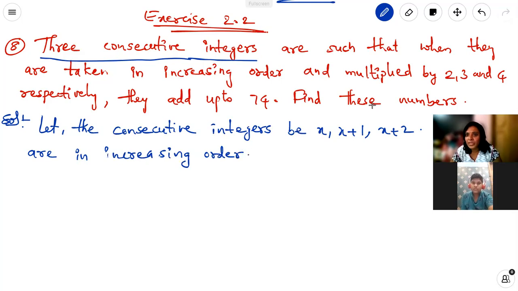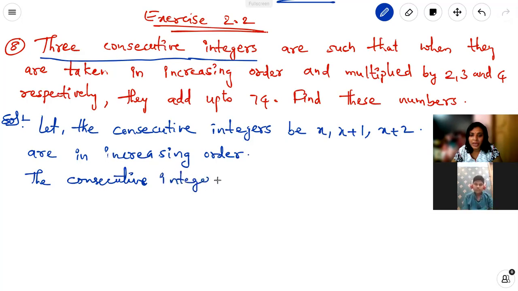Next, those numbers multiplied by 2, 3, and 4 respectively.